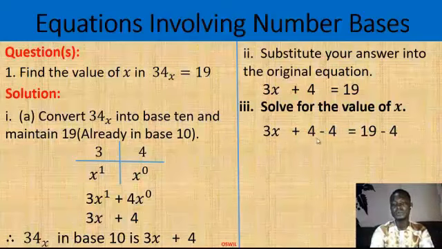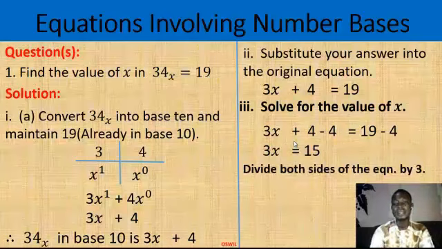This makes positive 4 and negative 4 0, and 19 minus 4 to be 15. Therefore, for the left-hand side, it will be left with only 3x. So we may get 3x equals 15. Our next step is that we need x, not 3x. So we must divide through by 3.